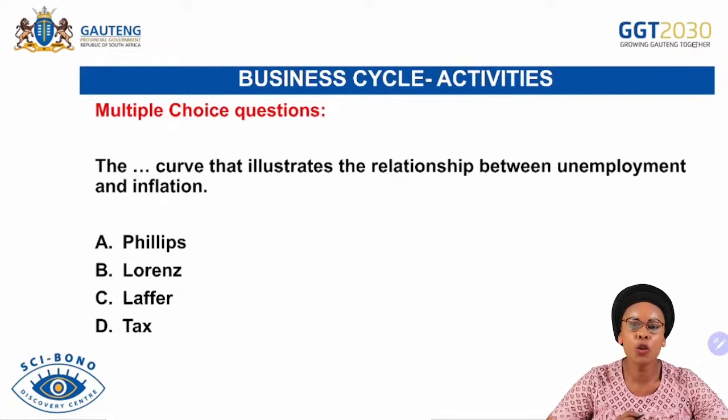So you need to know each and every graph that is in the economics syllabus, and even what is illustrated by that particular graph. For the topic of business cycles, there is only one graph which we use to explain the relationship between unemployment and inflation, and it is the Phillips curve.